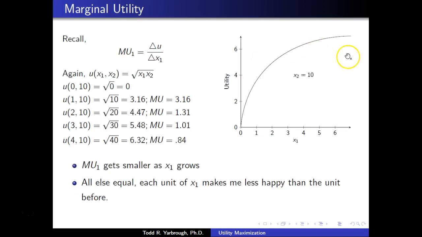All right, so previously we've just defined the idea of marginal utility, which is just the change in utility divided by the change in consumption of a good, here X1. This tells us the extent to which consuming additional units of X1 increase our happiness or increase our utility. And again, this is a part of that thinking on the margin.